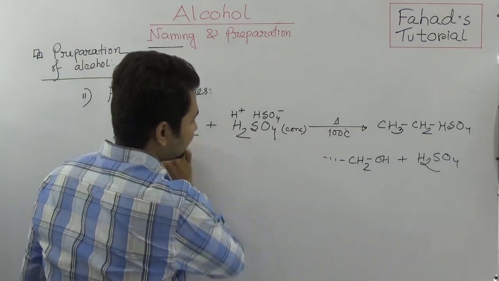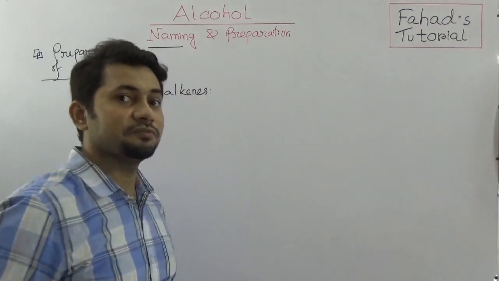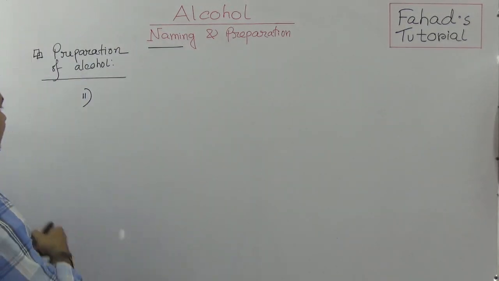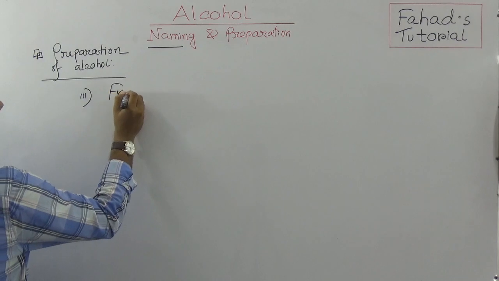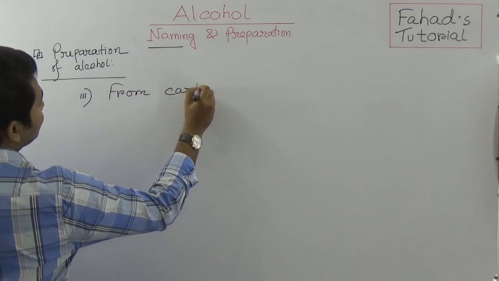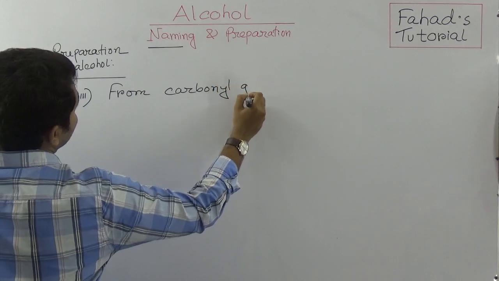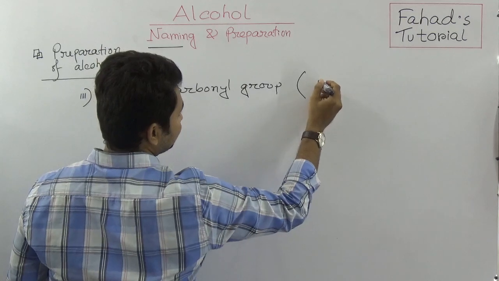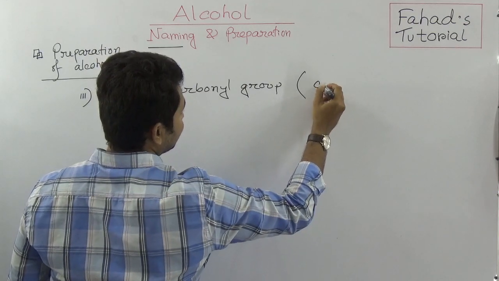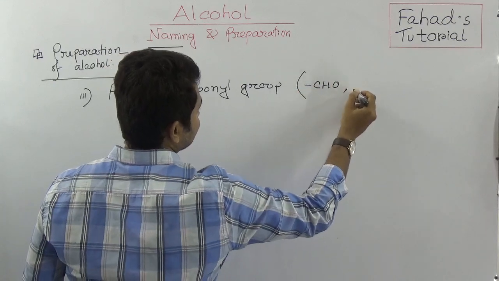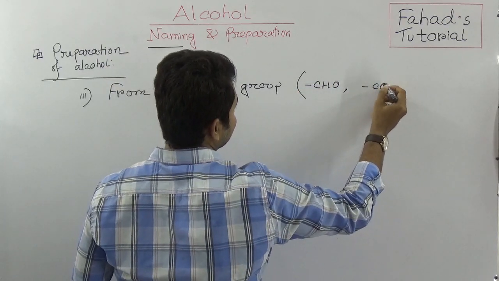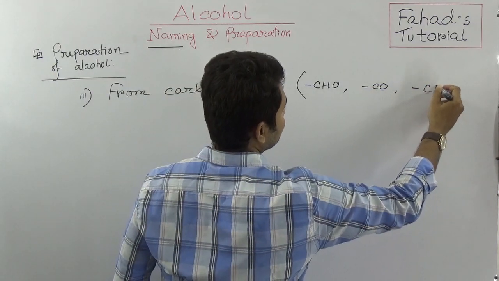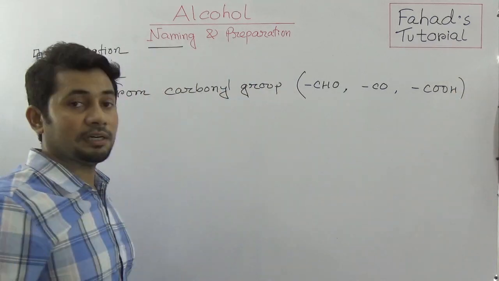The third part is that we also can produce alcohol from the carbonyl group. What does it mean? We can produce alcohol from aldehyde, CHO, from ketone, and also from carboxylic acid.